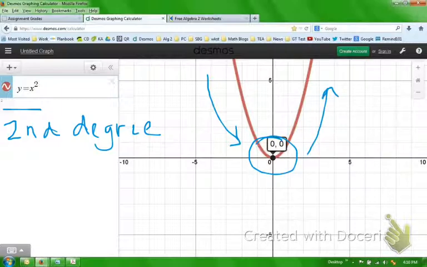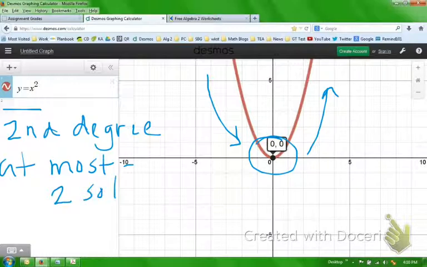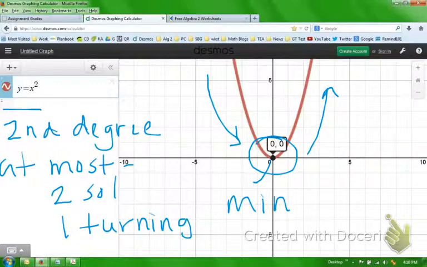It also can cross the x-axis at 0, 1, or 2 places. So we say it has at most, and that's why we always add that at most, 2 solutions and 1 turning point. And this turning point is also going to be your relative max or min. So this one would be a min because it's the low point.